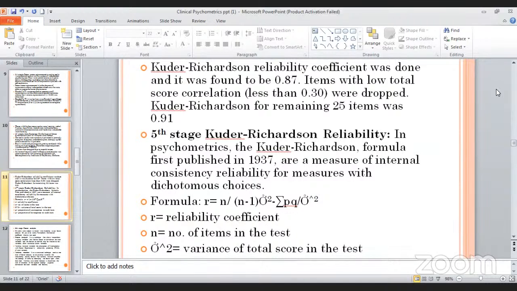For the measurement of the internal consistency, the Kuder-Richardson reliability coefficient was done to measure the internal consistency of the items. It was found at first to be 0.87. Then the next step is to find the item total correlation, that is, the correlation between each item and the total score.